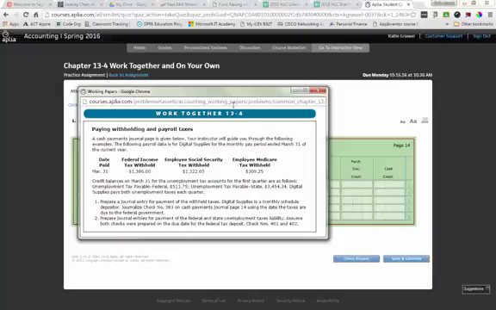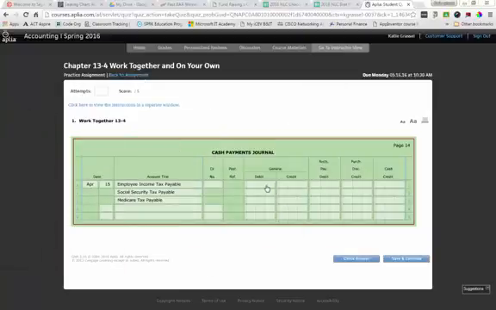So your liability would then need to be debited. Would you agree? Because we are paying the government the money that we withheld from our employees for their federal income tax. So we are going to, bless you, debit employee income tax payable for $1,386. They did tell us we're paying this with check number 383, so I'll fill that in.